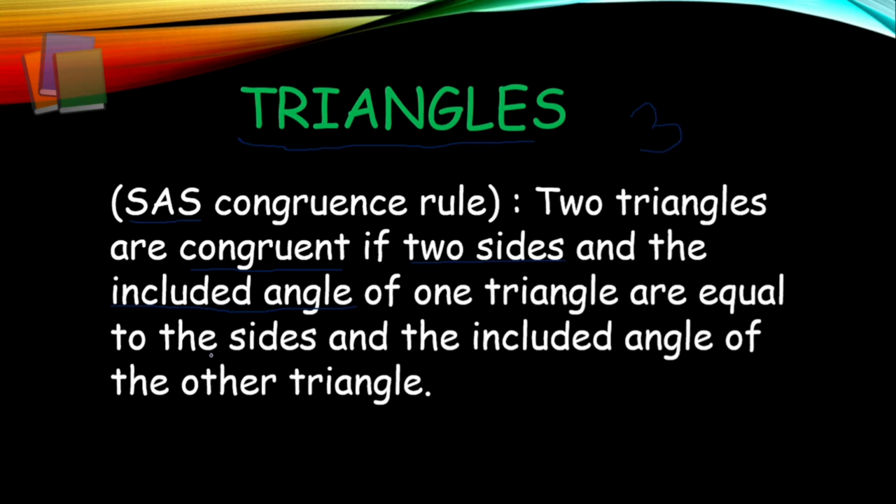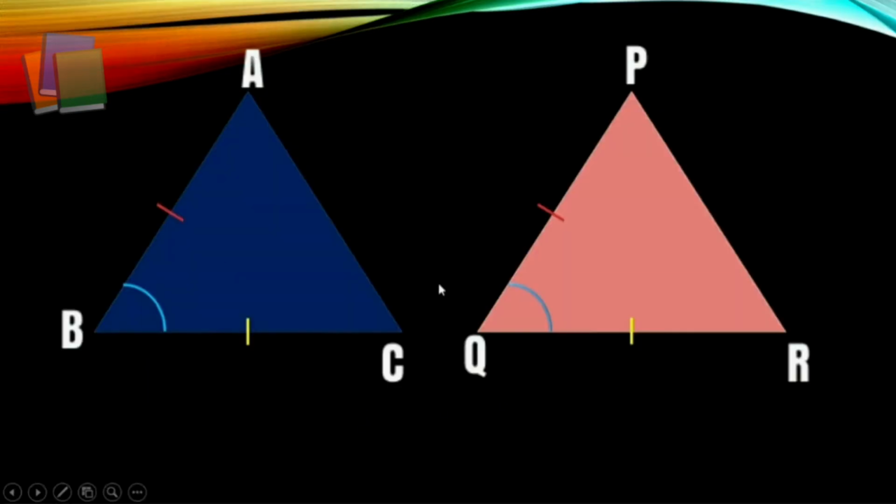I'll explain this better with the help of an example. So here we have two triangles. One is triangle ABC and the other is triangle PQR. Here AB is equal to PQ and BC is equal to QR, and the included angles ABC and PQR are also equal.